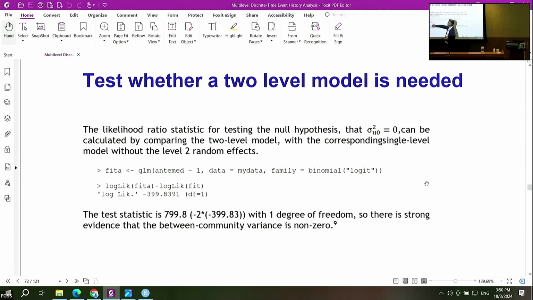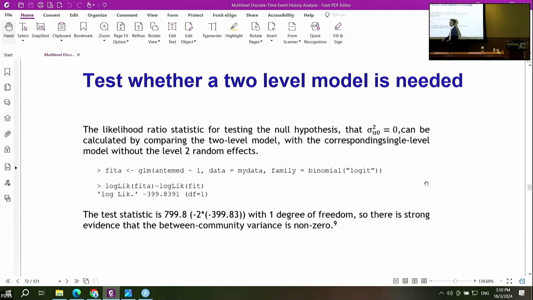First we run the very simple logistic regression model, where it's just the dependent variable, no explanatory variable, just the intercept. We call it fit A, and we compare the log likelihoods of the two model fits.